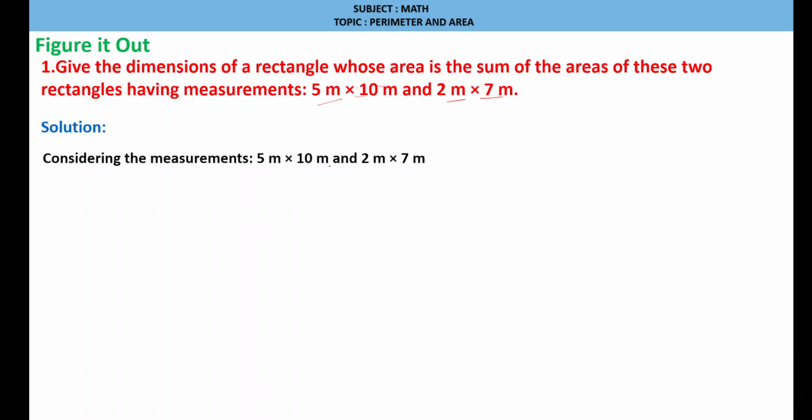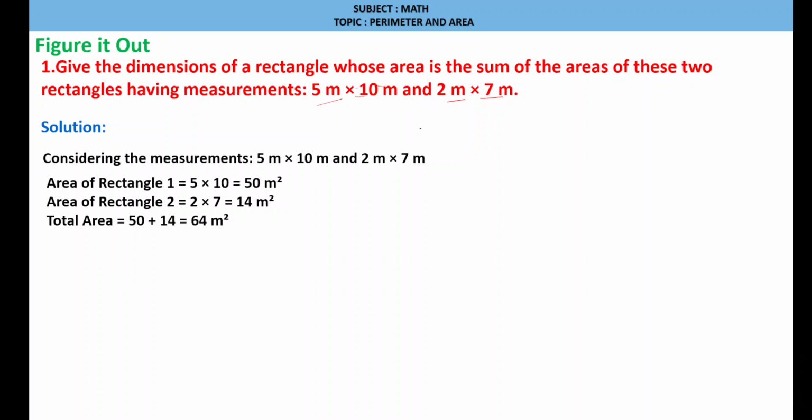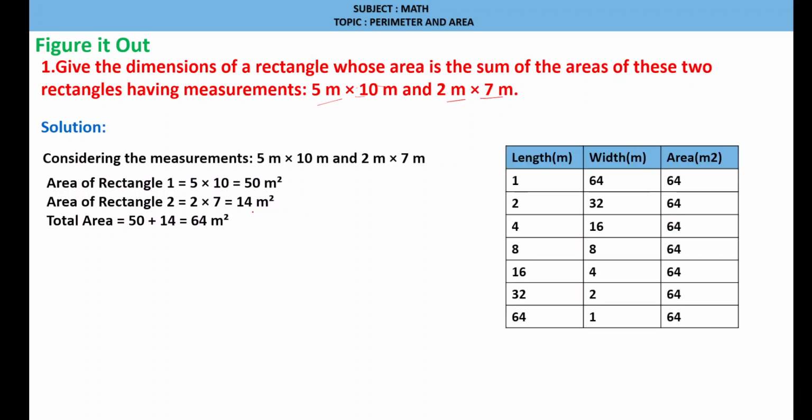Considering the measurements as 5 meter by 10 meter and 2 meter by 7 meter as per the given problem, the area of rectangle 1 is 5 into 10, that is 50 square meters, and the area of rectangle 2 is 2 into 7, 14 square meters. Total area is 50 plus 14, which means 64 square meters. Therefore, the possible length and width will give an area of 64.